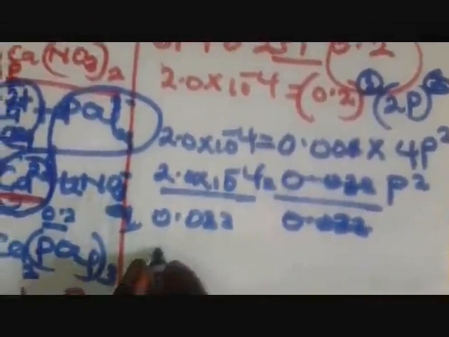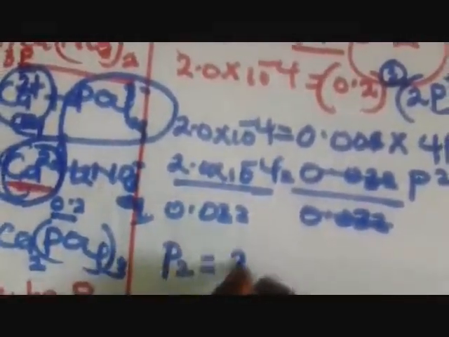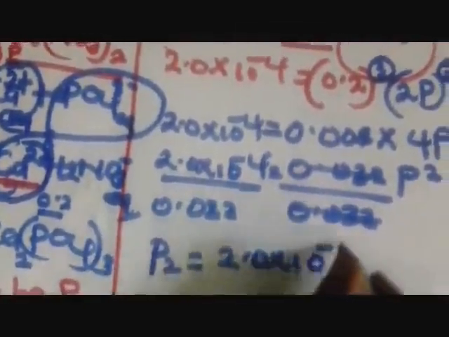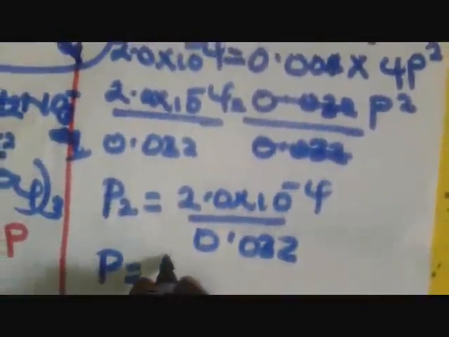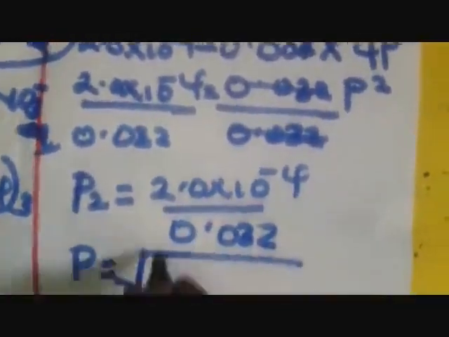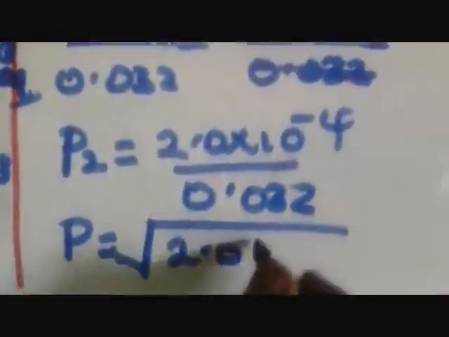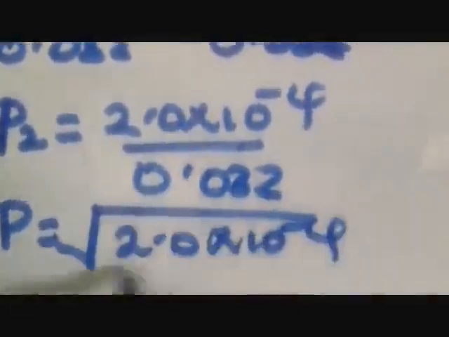Then we have p squared equivalent to 2.0 times 10 to the power negative 4 over 0.032. And then to get p alone, we get the square root of 2.0 times 10 to the power negative 4 over 0.032.